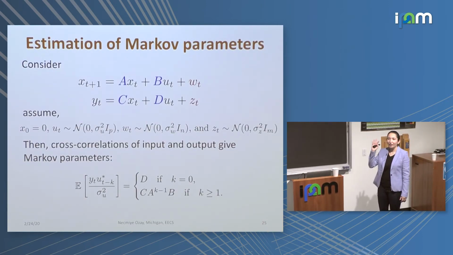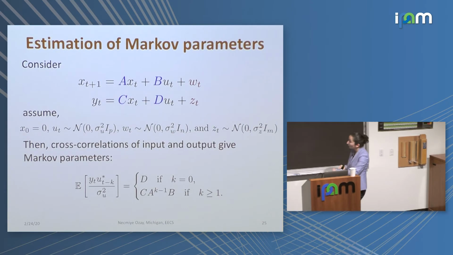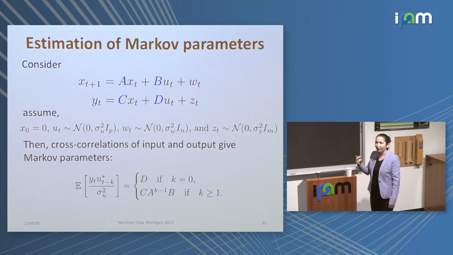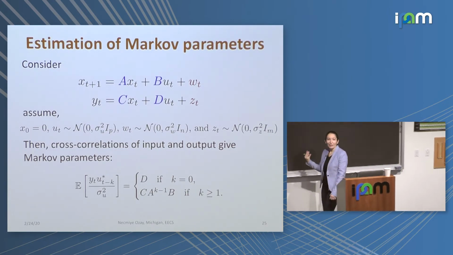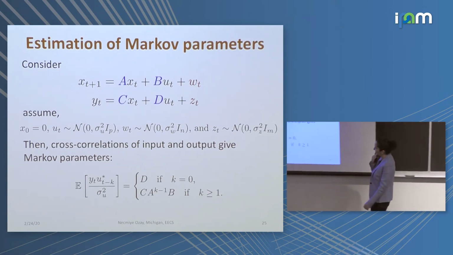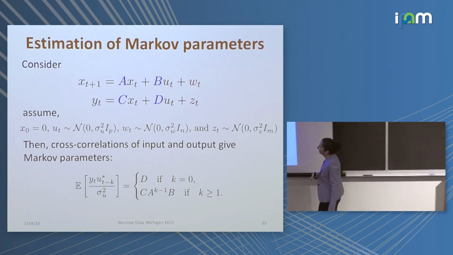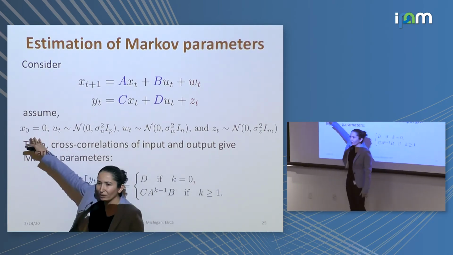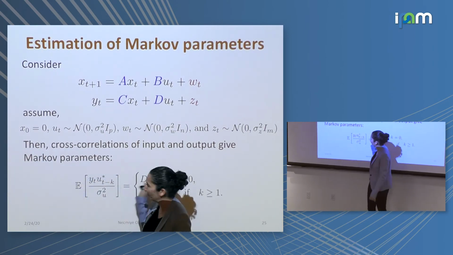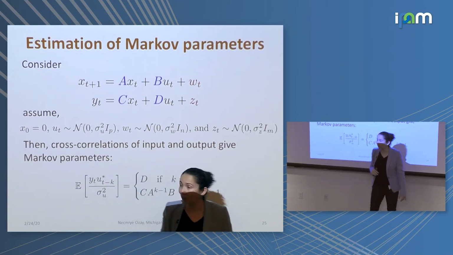So if we can get estimates of the Markov parameters, we know what to do. So the question is, how do I get estimates of my Markov parameters? And here, what I will assume is that my initial condition is 0. If it's not 0, you just have a few other terms, but the analysis goes through.